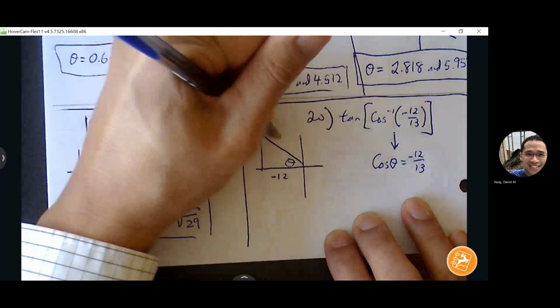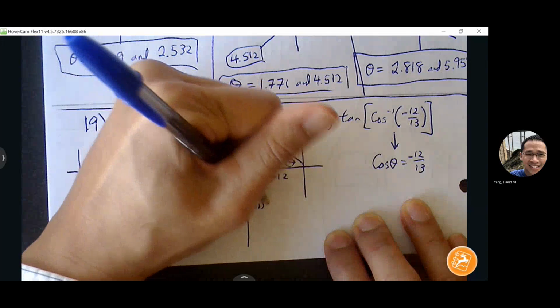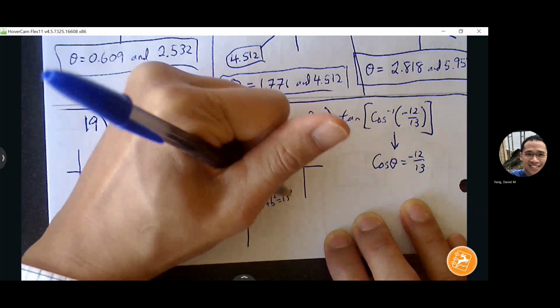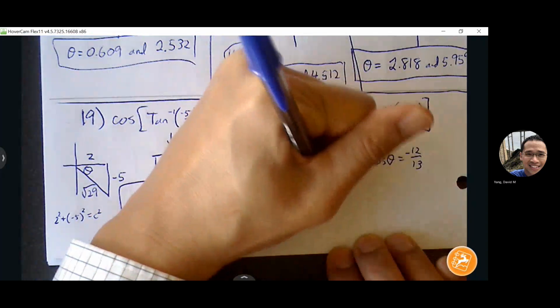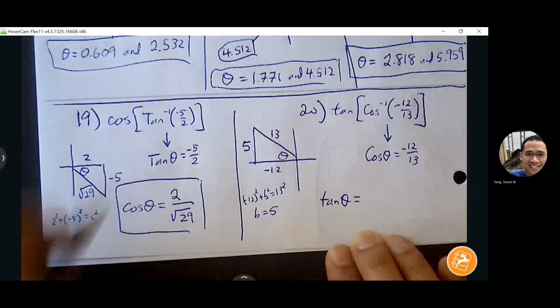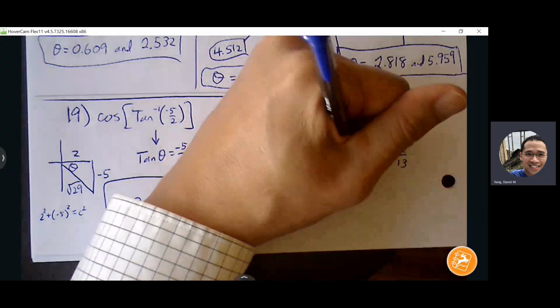Well, Pythagorean theorem. Tangent of theta equals 5 over negative 12. Okay.